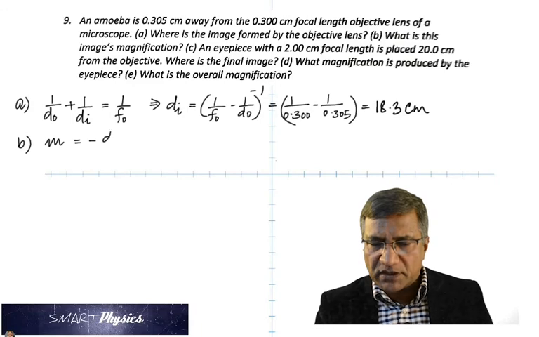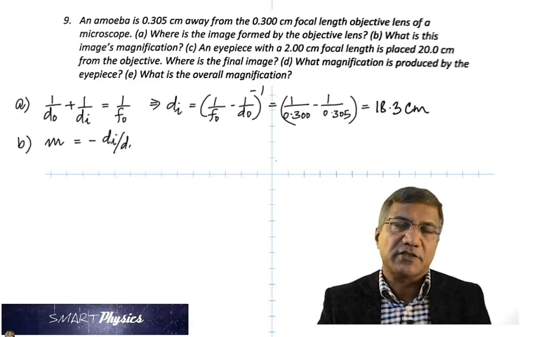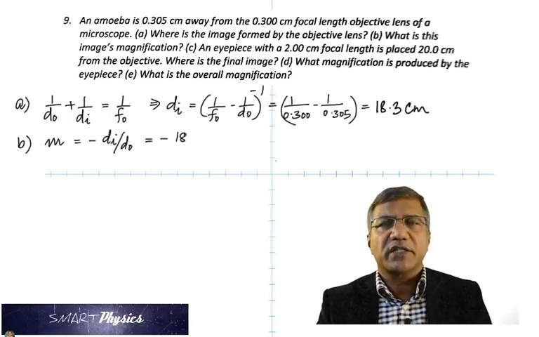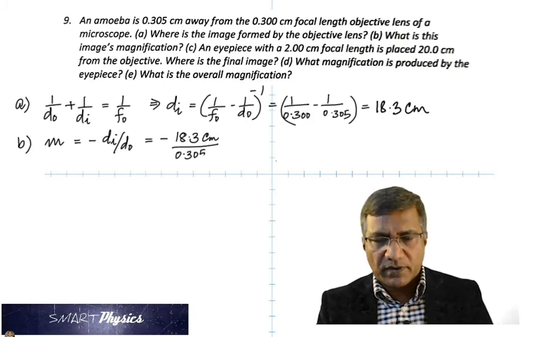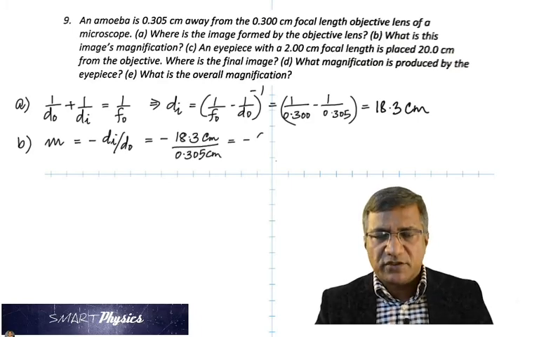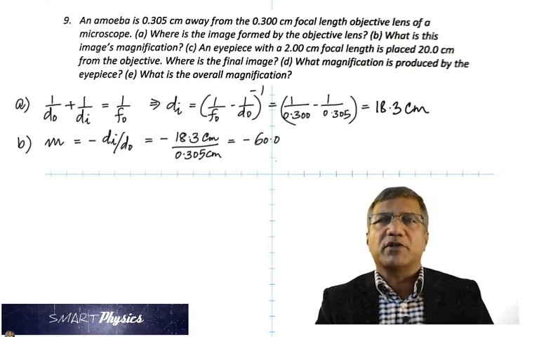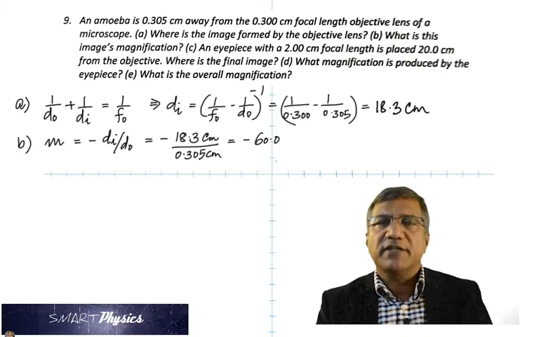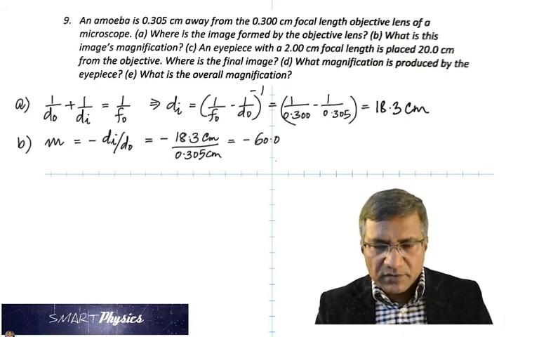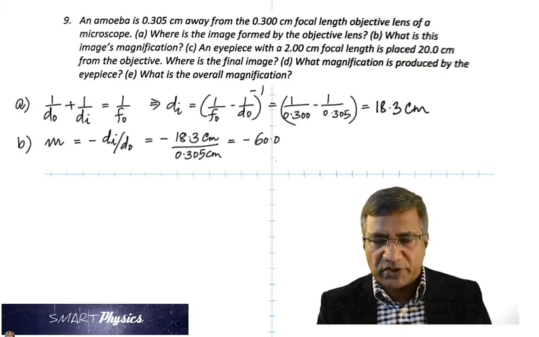Now the B part says, what is this magnification? Magnification is negative DI by DO. So it's minus 18.3 centimeter by 0.305 centimeter. And that gives you negative 60. So that is the magnification.